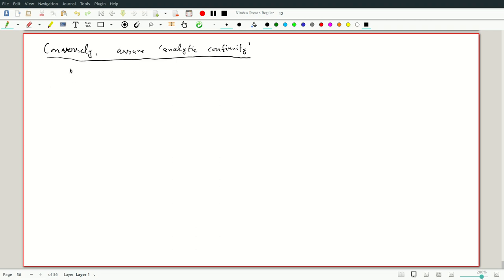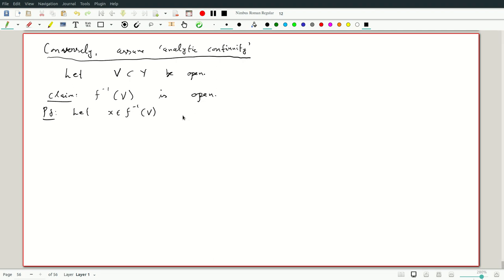Then let V contained in Y be open. So what we have to claim is that F inverse of V is open, and almost mechanically let x belong to F inverse of V.